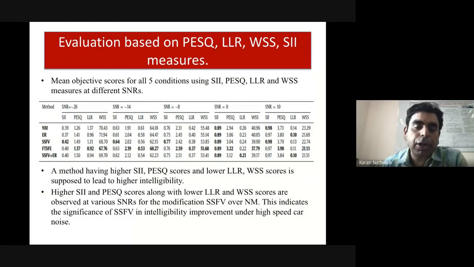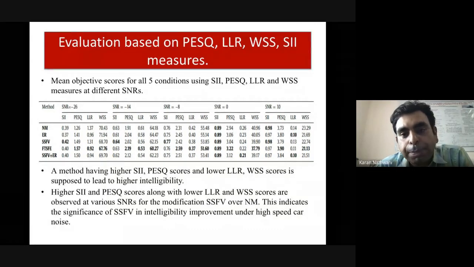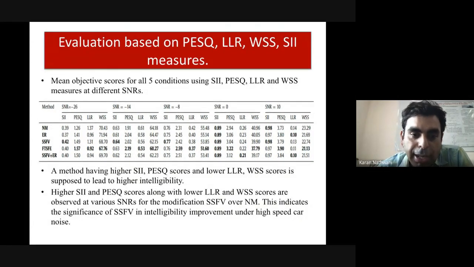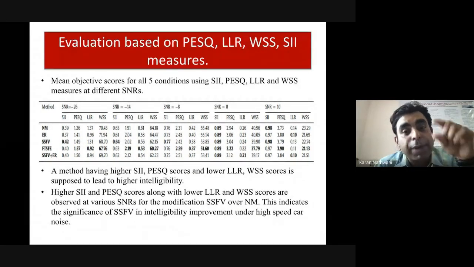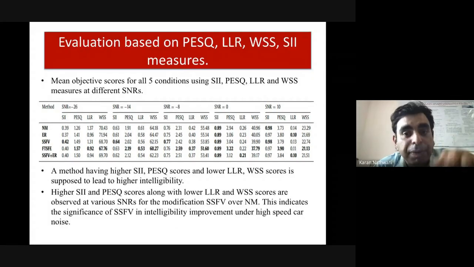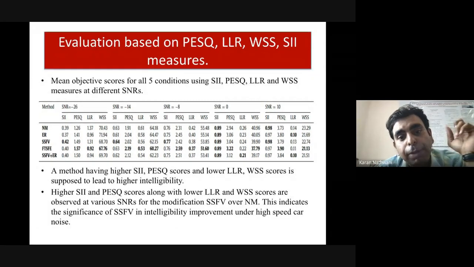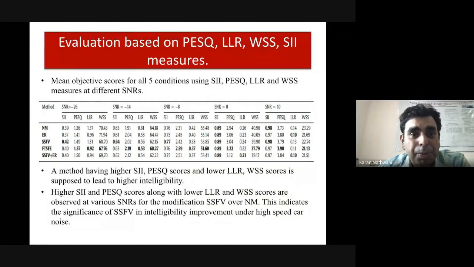Now we are coming very close to the end of this session, where we have explained in great detail the different methods we have compared. In the previous method we compared different delta functions. Here we take one delta function, but have different methods altogether. This is the difference between the formant shifting method and this approach.